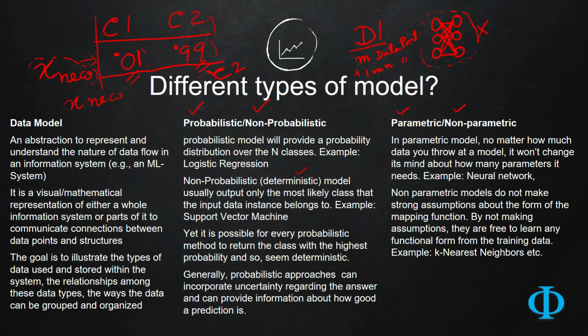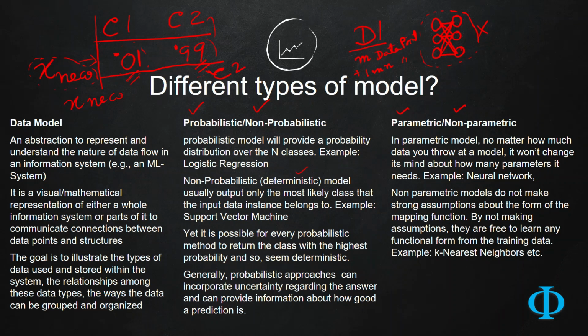It will remain the same as it was before. So once again, even if you throw more data in the training data set, in the case of a parametric model, the parameters which define the structure of the model will never change.